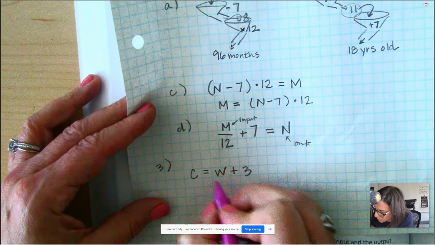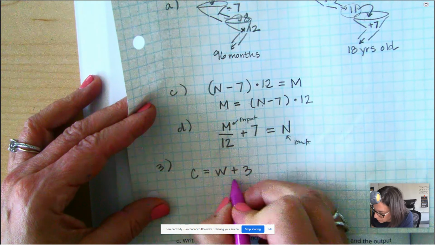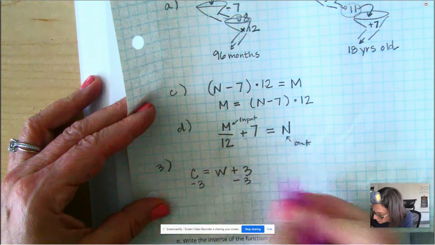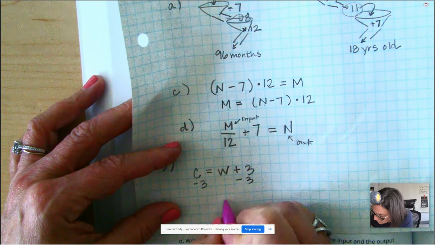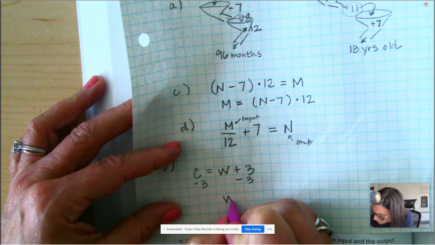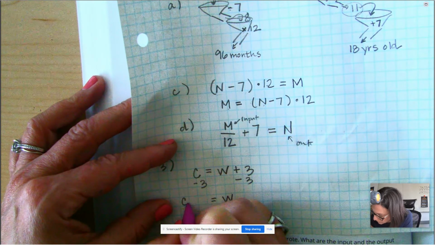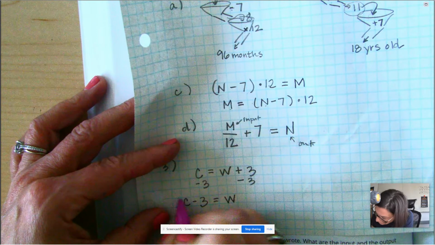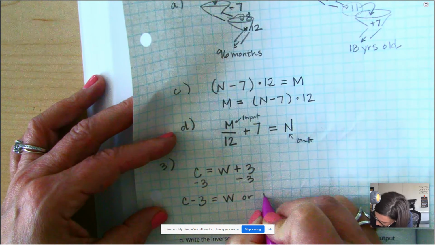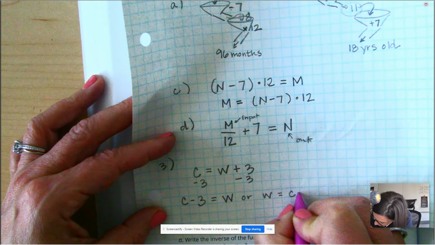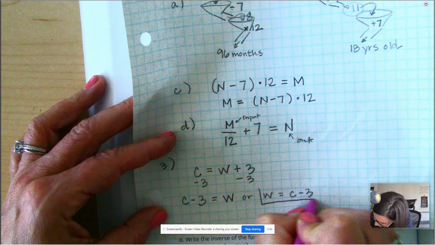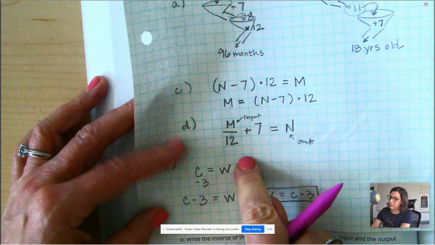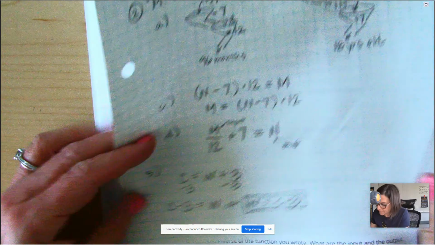All you have to do is get W alone. You've done this before. So you can say, well, then W equals C minus 3. So that is the inverse of that first function.